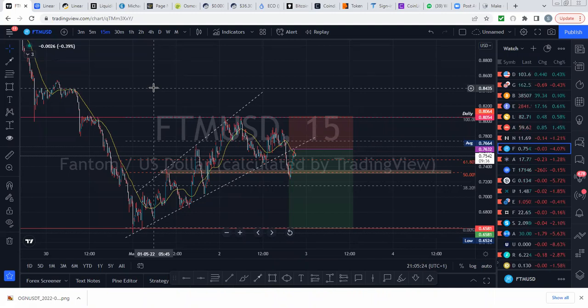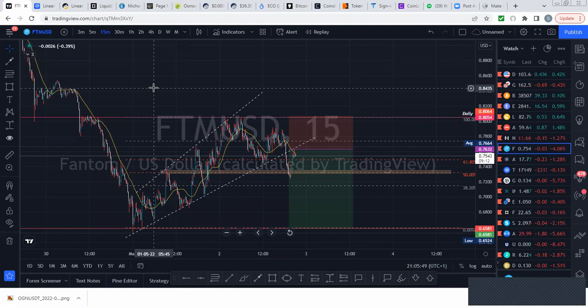All you need to do is place your Fibonacci, your 100, from the last swing low, which is the higher low, to the last swing high, from support to the resistance area.